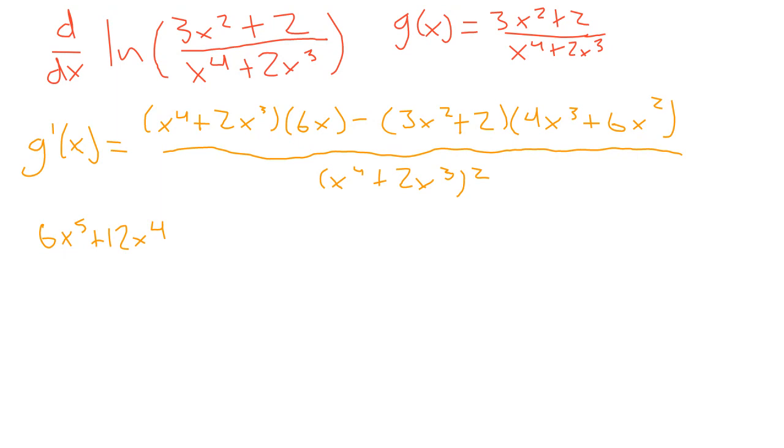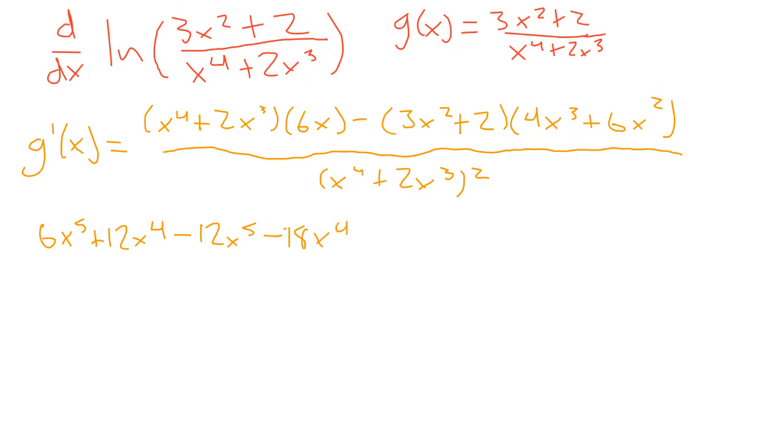Now we're going to have our 3x squared plus 2 times 4x cubed plus 6x squared. 3x squared times 4x cubed is going to be 12x to the 5th, but we have a negative sign, so I need to remember to distribute that. 3x squared times 6x squared is going to be 18x to the 4th.